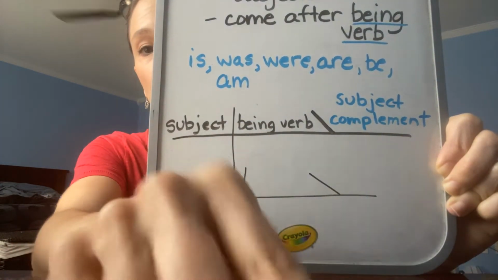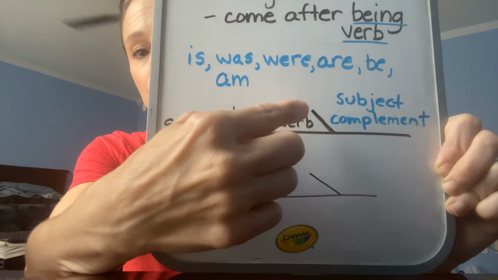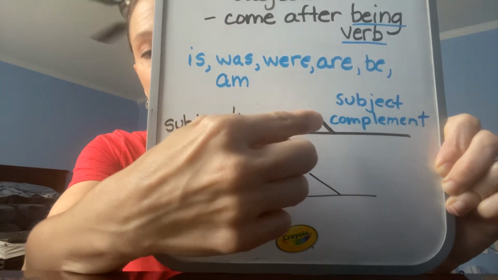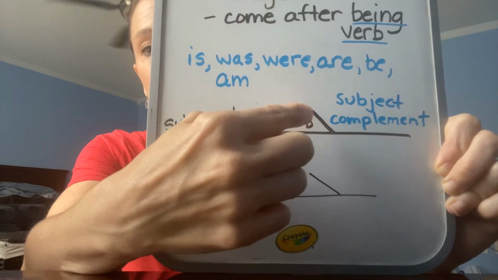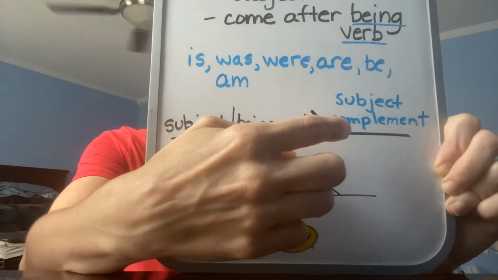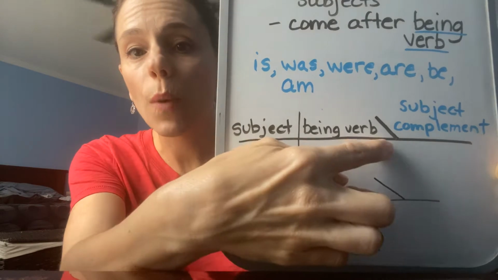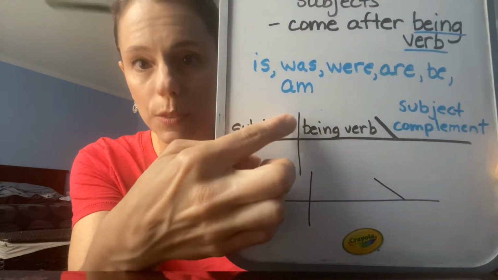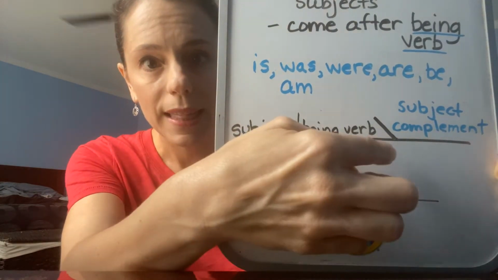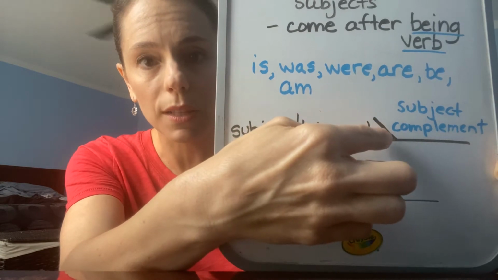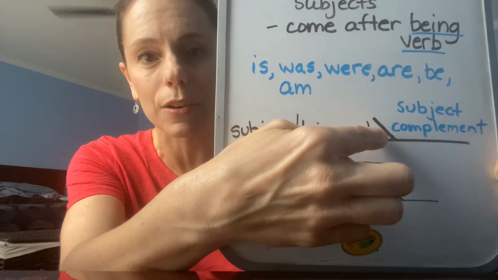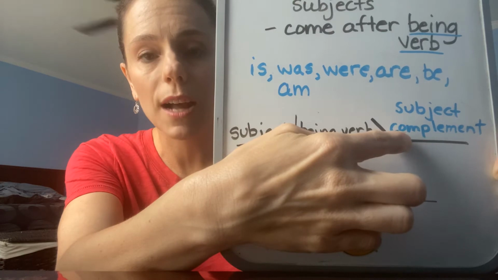This is really important. This line right here is going to be a diagonal, and it's going to lean towards the verb, away from the subject complement. It does not go all the way through like this one. You see how this one goes all the way through? This one only goes to the line, and it's slanted, it's diagonal. And that's where your subject complement goes.